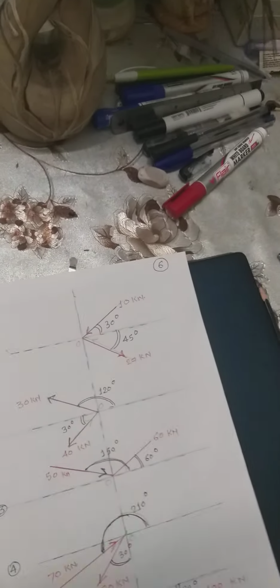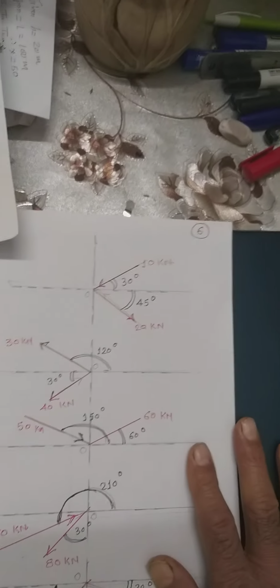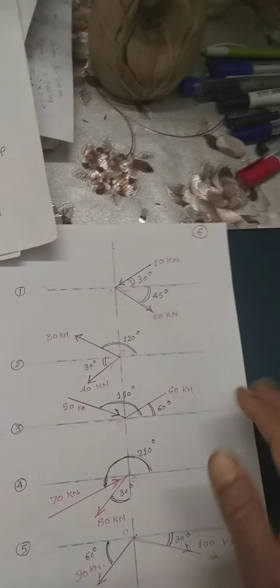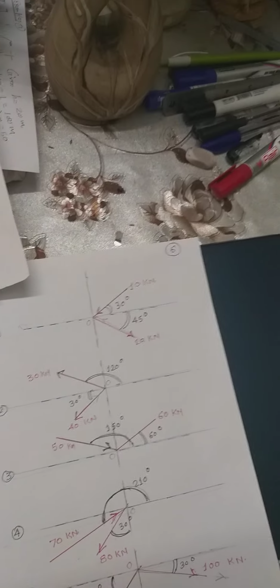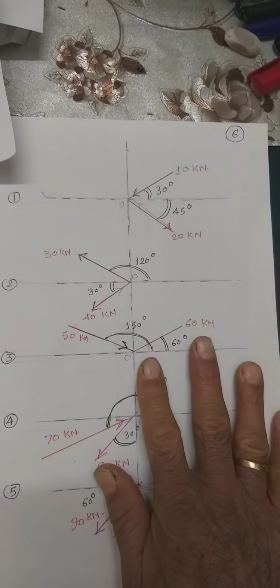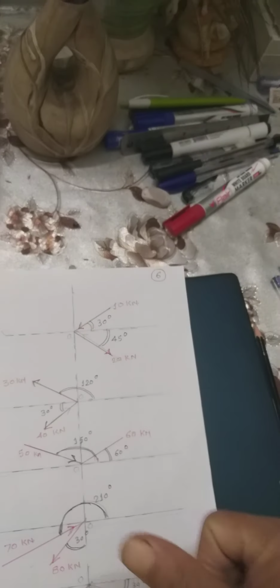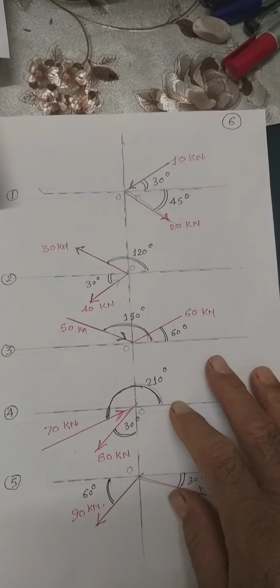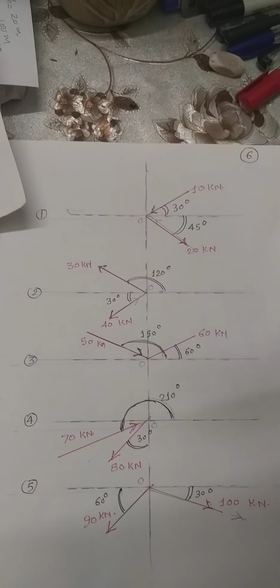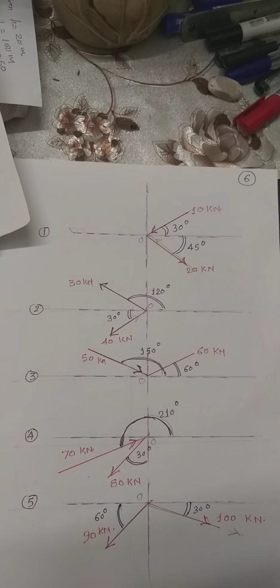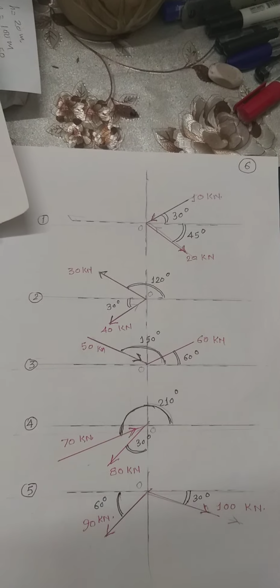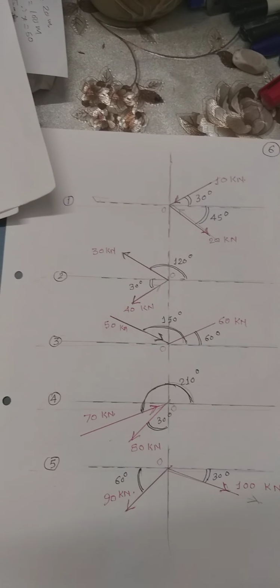Now, as I have already told in my first slide, if the forces are acting towards the right of x, we call that positive. If acting away from the positive side, that is toward the left, it will be taken as negative. If acting upward, then it is to be taken as positive, and if acting downward, then it will be taken as negative.